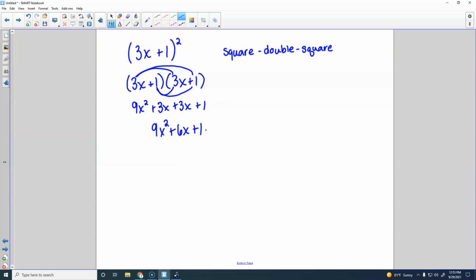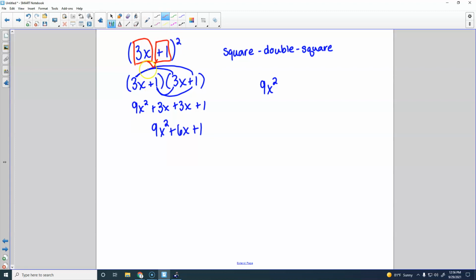Or, you have probably heard me say several times that you could square, double, square. So when I say square, double, square, I take this first term, 3x, and I square it. That gives me 9x squared. I take both terms and multiply them together.